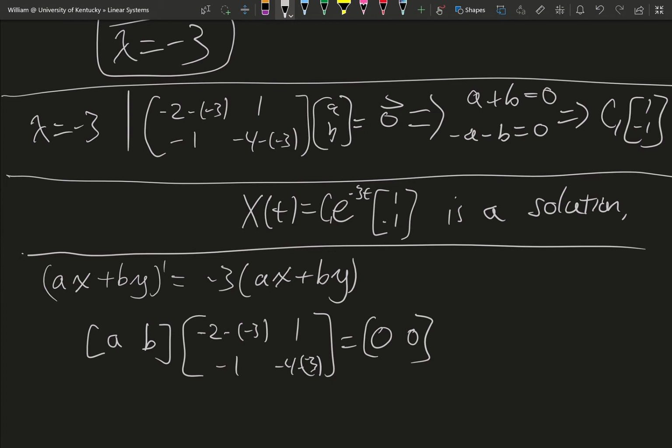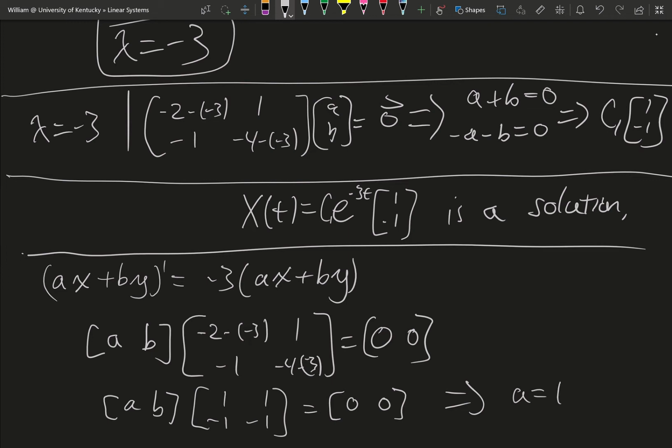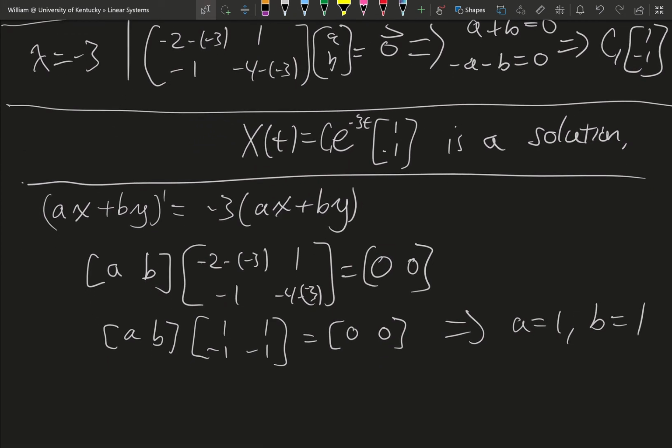But we'll get something pretty easy. So (1, -1), (1, -1), times (A, B) equals (0, 0). There's lots of options, but we can just take A equals 1 and B equals 1. So this tells us that (x plus y)' equals -3 times (x plus y).